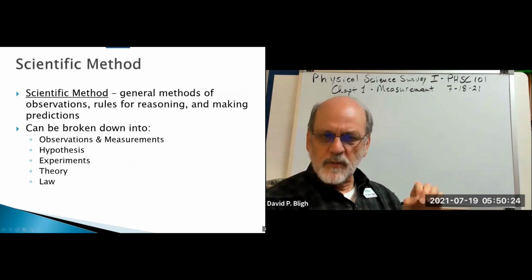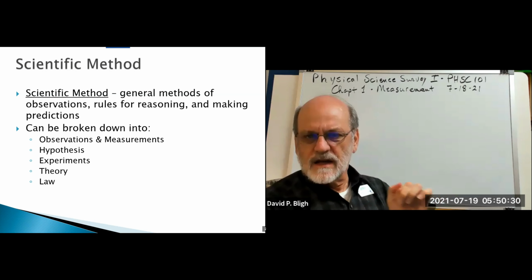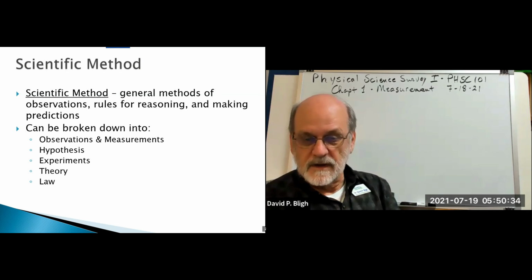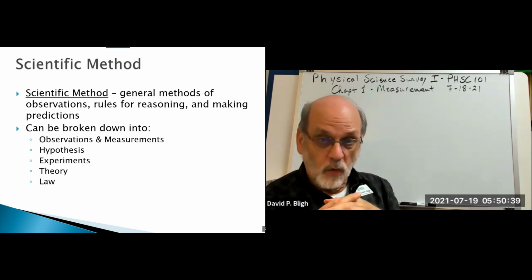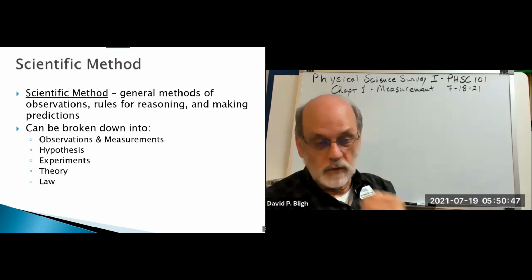So what we've come up with is what's commonly known as the scientific method. Now, the scientific method is not a fixed step-by-step procedure. It's more a framework. So depending on what science and what question you're trying to answer, the scientific method may be modified to accomplish your goal.